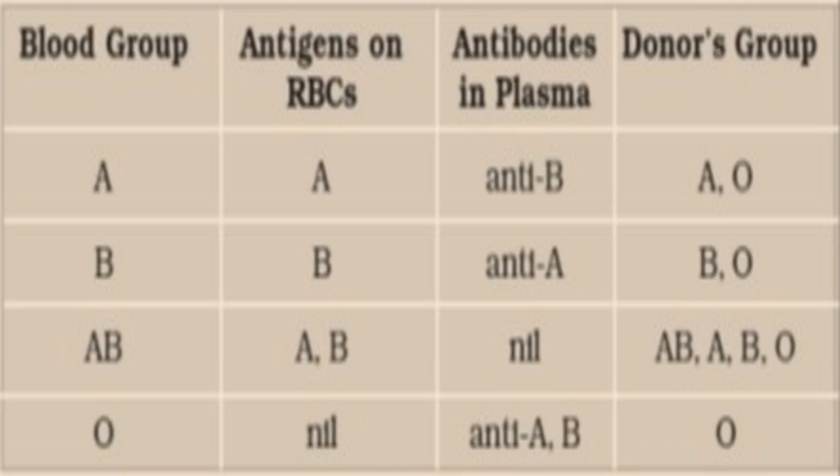Next, coming toward blood group O. In blood group O, there are no antigens on RBC, but it has antibodies A and B, and only O can donate blood to it, no other, because antibodies for A and B are present. If we take blood from A, there is antibody A, which kills the RBCs.